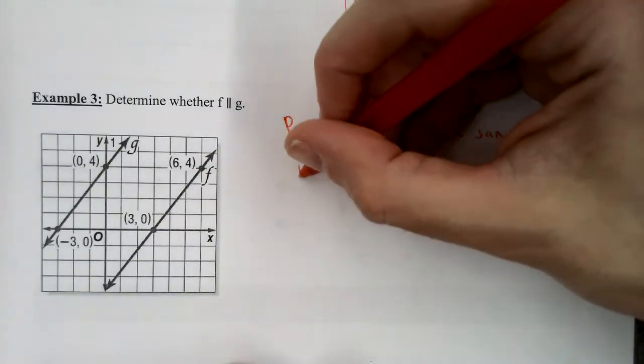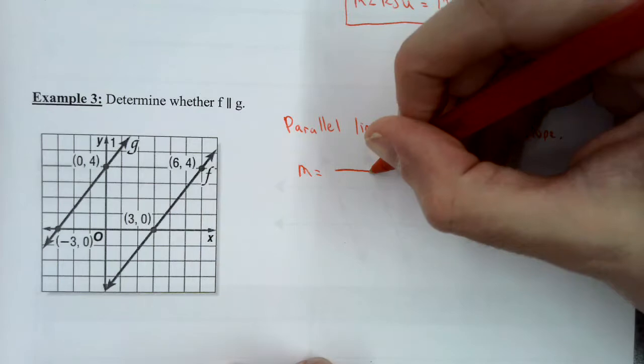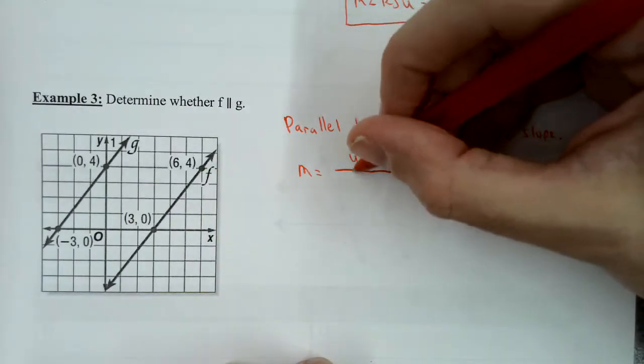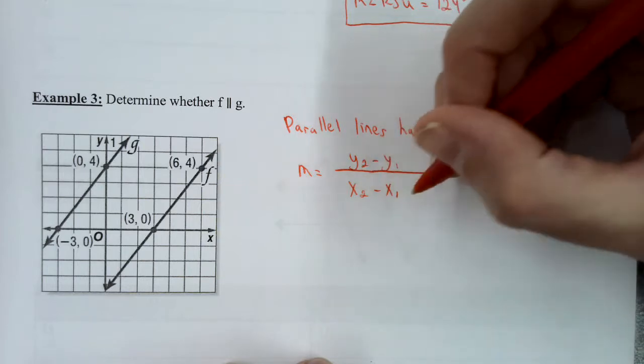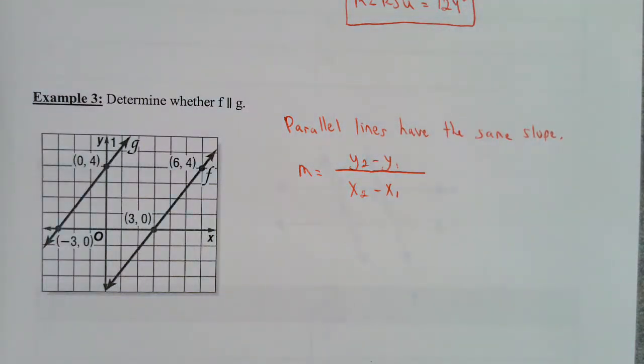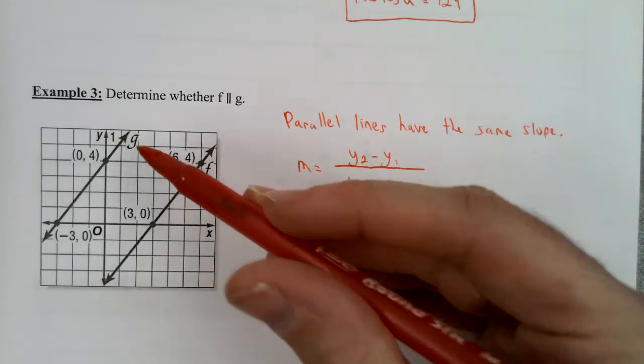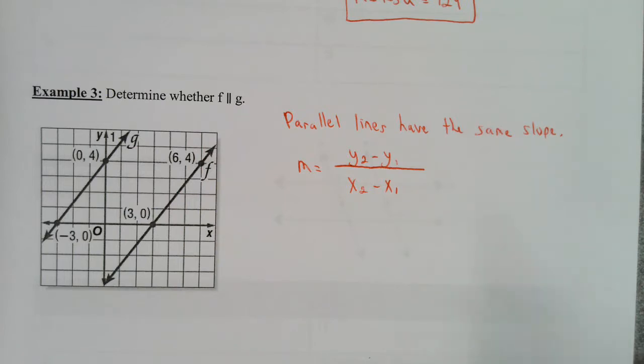And here's our slope formula: y2 minus y1 divided by x2 minus x1. So let's start with the slope of F, and then we'll do the slope of G. If the slopes are the same, then the answer is yes, they are parallel. If the slopes are not the same, then the answer is no, they are not parallel.